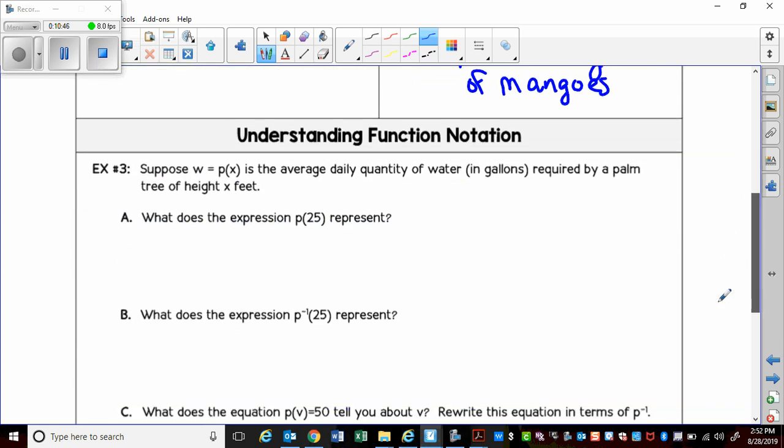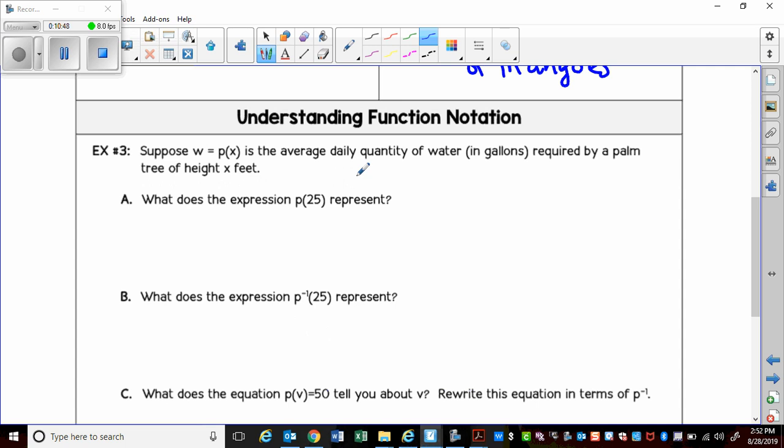Understanding function notation. Suppose W equals P of X is the average daily quantity of water in gallons required by the palm tree of X feet. So X is my height of the palm tree. So if we have a 25 feet palm tree, how much is the water going to be?